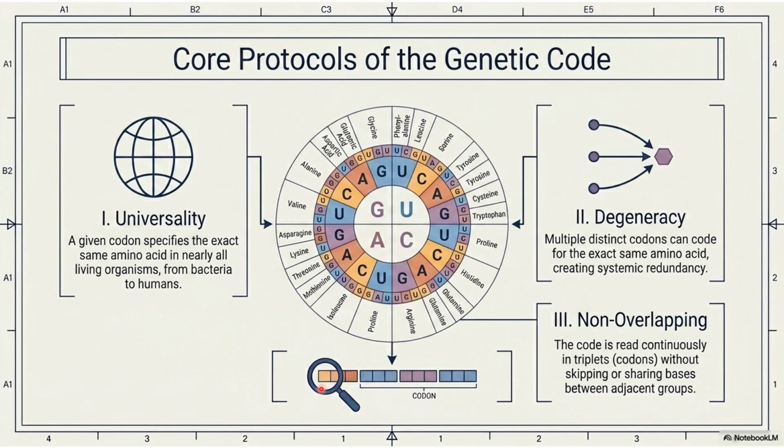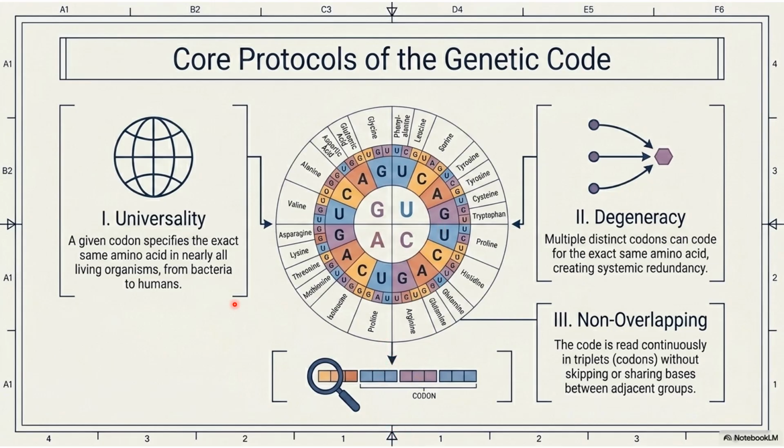So there will not be any overlapping while reading. It will be a distinct codon. The triplet codons are read continuously without skipping or sharing bases between adjacent groups. So there will not be sharing between these 2 codons. If this codon is read, these 3 nitrogenous bases will be read, and for the next codon, these 3. It is a distinct one, so a distinct amino acid will be formed.